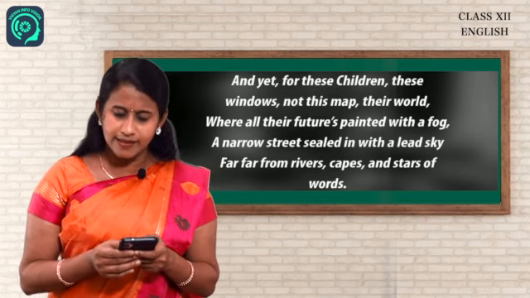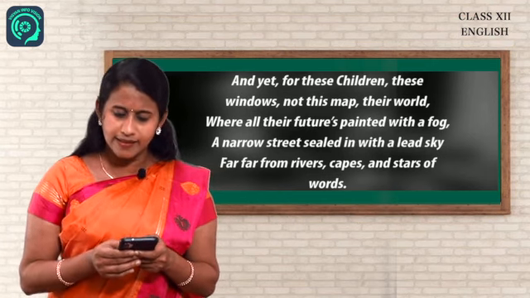Here the poet is trying to convey that the world which belongs to these children and the world which is portrayed on the walls are entirely different. For them, their sky is not as beautiful as the pictures inside the classroom. Their sky and their atmosphere is dull and dim. Their life is congested in the dingy classrooms and the dingy slums.